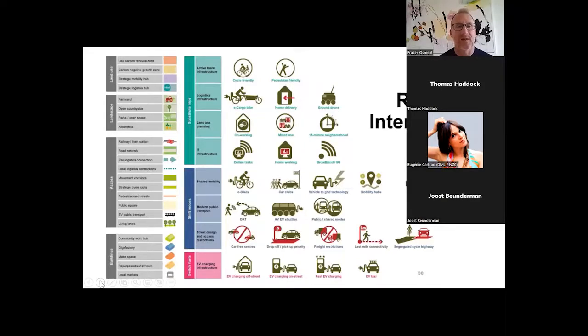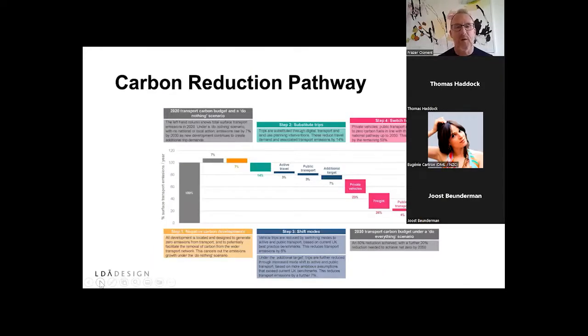So next slide. In doing all of that work, we set ourselves a carbon budget that tied into the 2030 targets. And these were very science-based targets. So effectively, we worked out how much of the CO2 reduction by 2030 transport needed to contribute to. And I don't want to go into the detail. You can find this on the RTPI website.